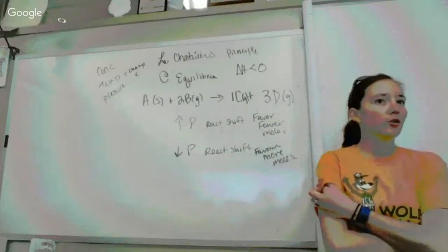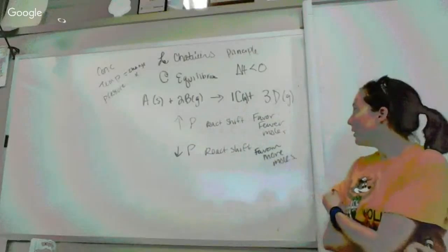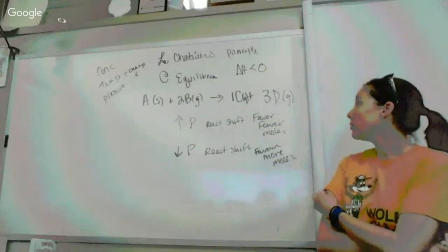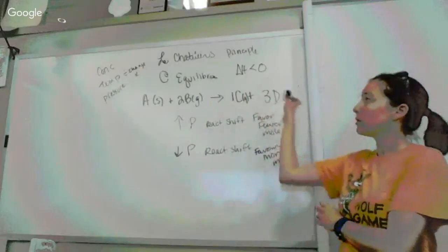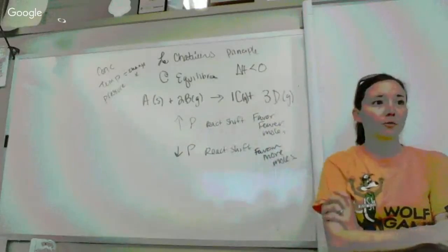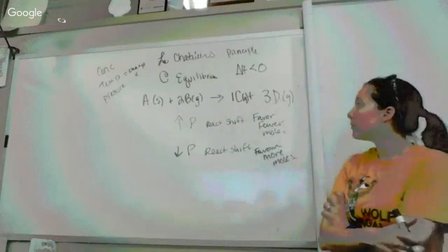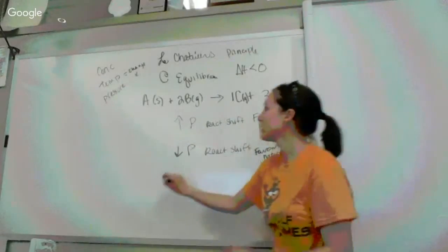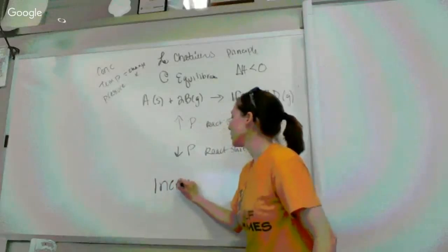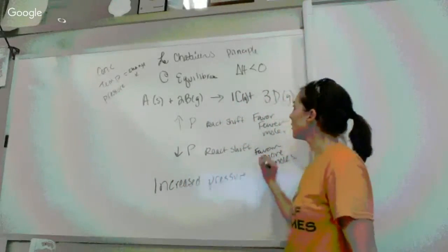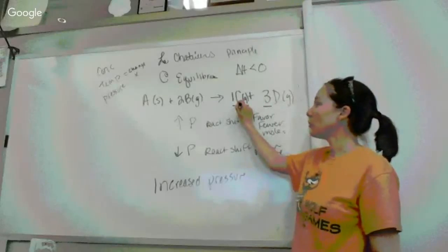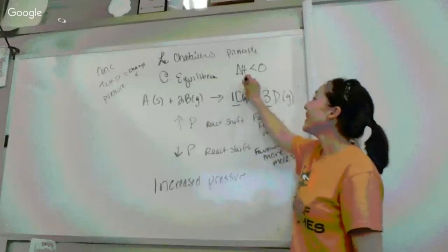So if I gave a situation, let's say we increased the pressure of my reaction here. Which way is my reaction going to shift? If I increase the pressure, it would shift to the left, right? Because I have 3 moles here and 1 mole here, and that's 4.